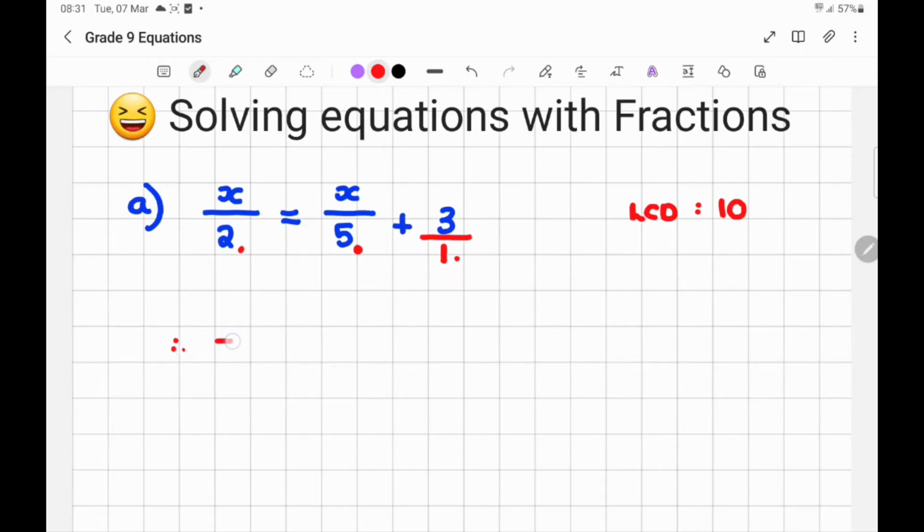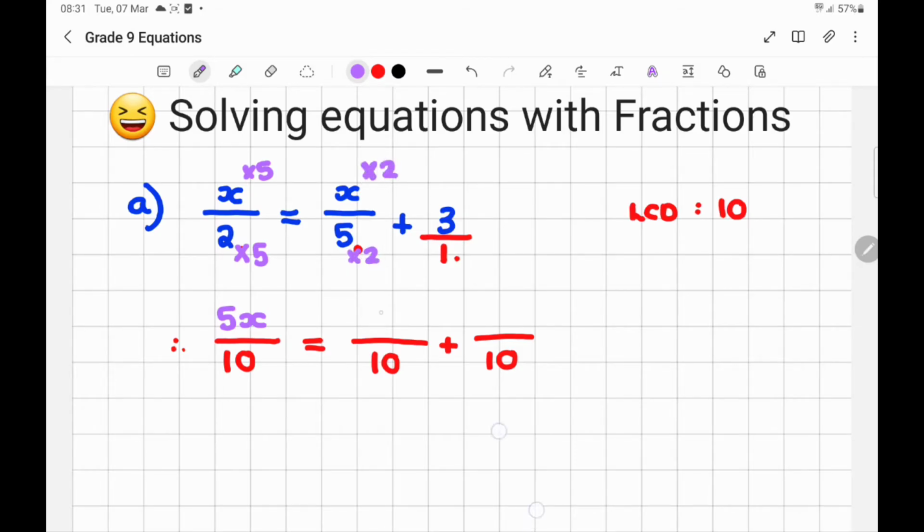We're going to have an LCD of 10. So we want to make each and every fraction over 10. So how did I get from 2 to 10? I multiplied it by 5. What I do at the bottom, I have to do on top. So I've got 5 times x is 5x. What did I do to the 5 to get to 10? I times it by 2. What I do at the bottom, I have to do on top.